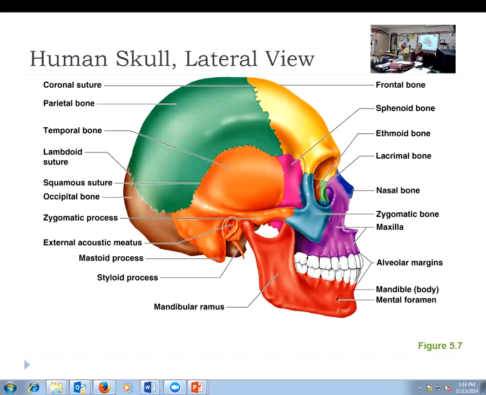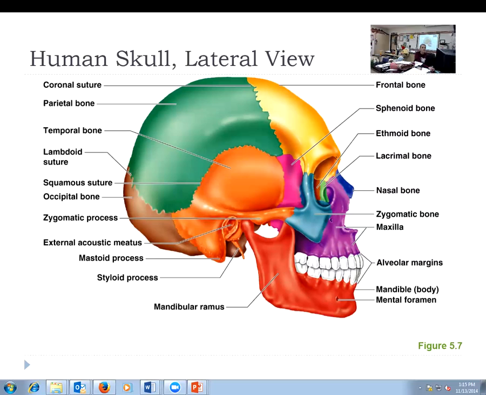So here's how I'm going to tell you to memorize this, just so that it doesn't matter what direction it's turned. I would suggest that you start with the most superficial, the nasal bone, and then you just learn your way back. So nasal, maxilla, lacrimal, ethmoid, sphenoid.